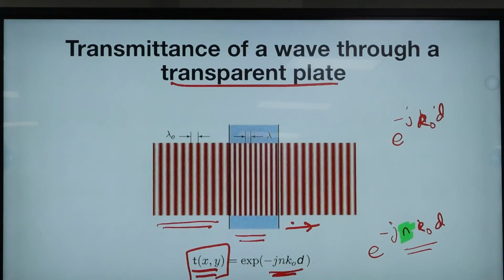So there's an extra n term in this equation, which means that it is getting compressed. Even though the physical distance is d, optically it has traveled n times d. The light appears as though it has traveled this extra distance n times d instead of just d.